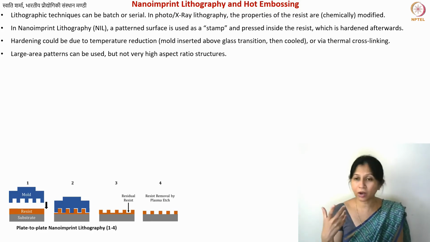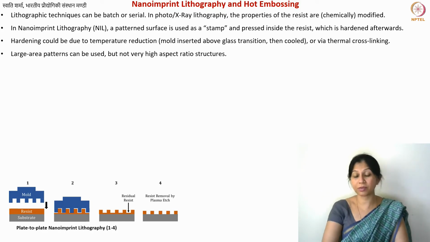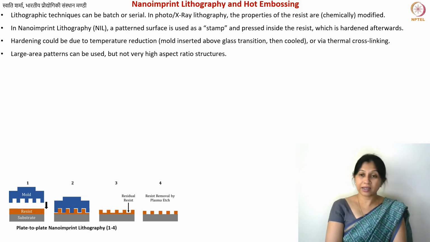One important thing, also in the case of photolithography, is the definition of the glass transition temperature. What is the glass transition temperature of a polymer? This is the temperature below which the material behaves like a glass. Above that temperature, it will become liquid.